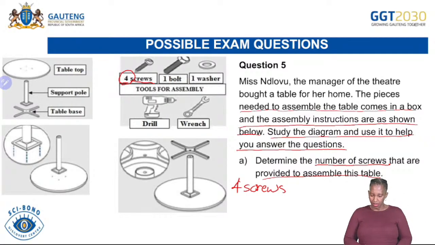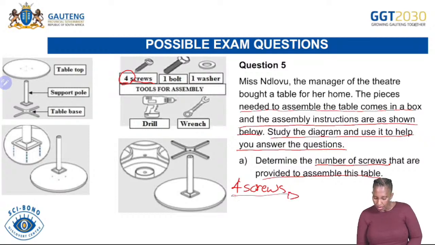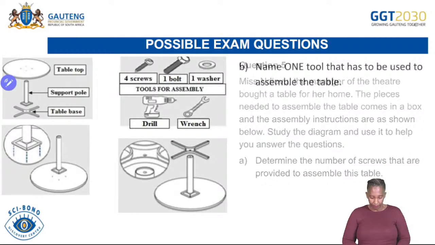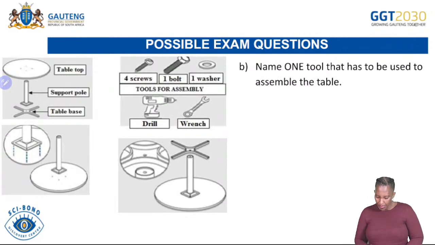It says determine the number of screws that are provided to assemble this table. So the answer will be 4 screws. And don't just write 4. You must write 4 screws because there are other parts given there. Now it says name one tool that has to be used to assemble the table.